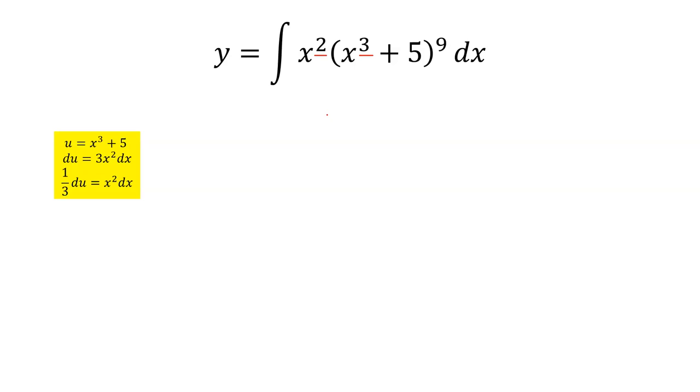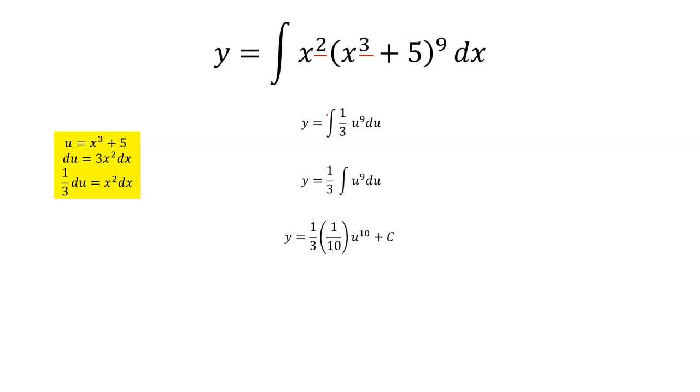So now we can go back and do our substitution. y is equal to the antiderivative of 1/3 of u to the 9th du. Now the 1/3 comes outside the integral. Then we just apply the power rule again. So add 1 to the exponent, divide by the new exponent.